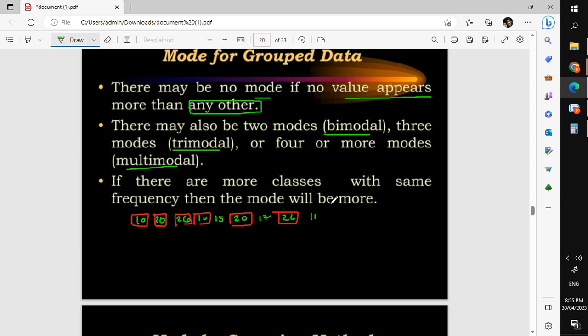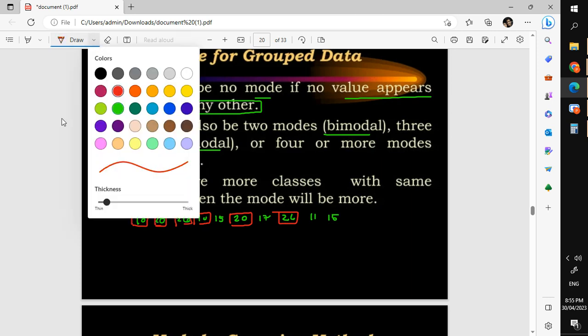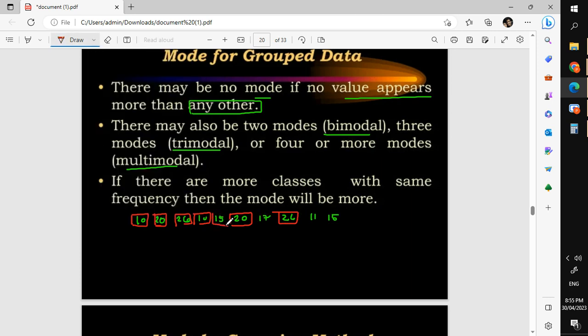Pero kung magdugang na pud ko diri 15. Okay, so naa na tay upat ka mode. Si 10 kaduha mo exist, si 20 kaduha mo exist, si 15 kaduha mo exist, si 26 kaduha mo exist. So, it's called multimodal na.